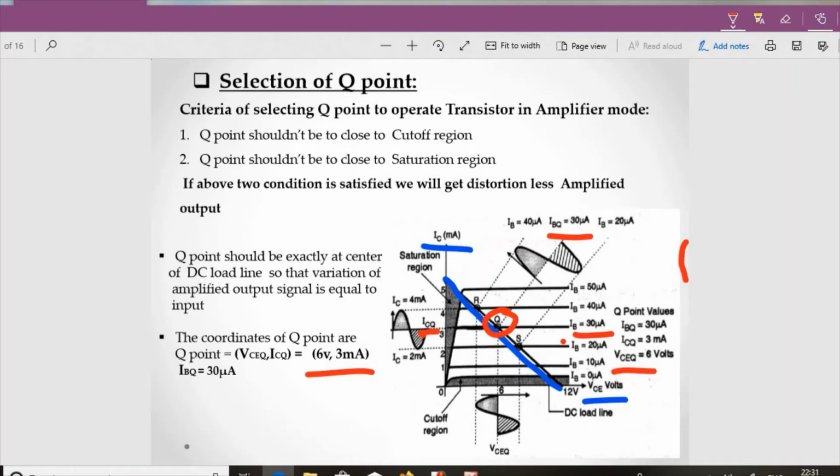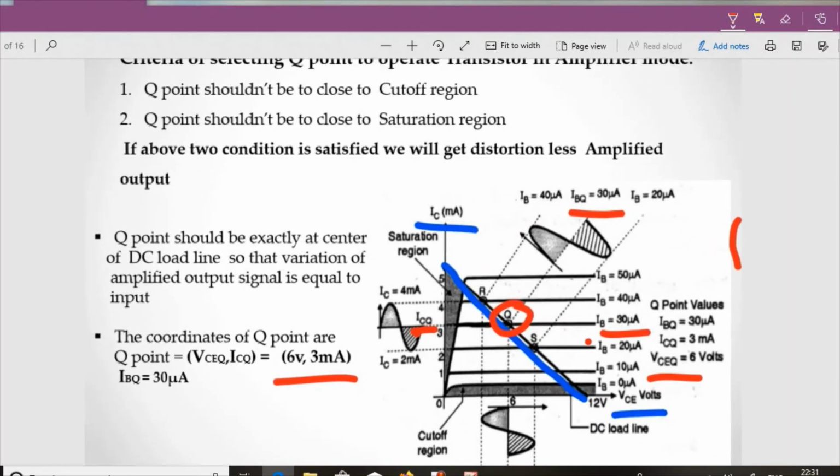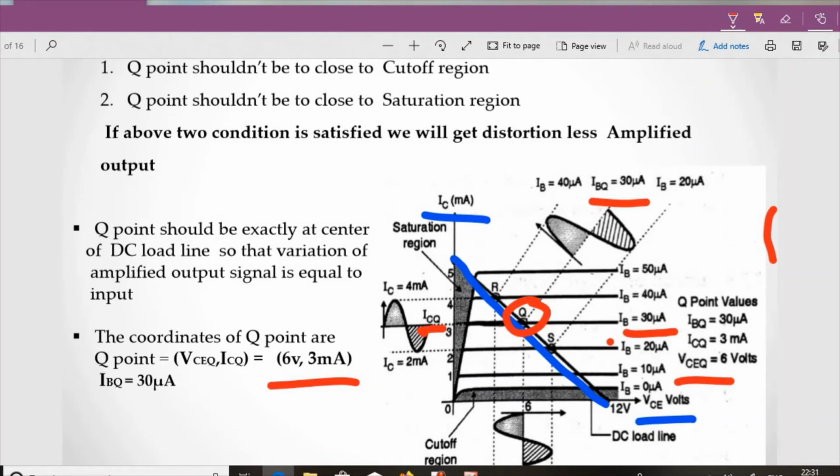Now we have set the transistor, and now we are giving the AC input. When we are getting the AC input, this AC sinusoidal signal, what would be the DC value for the IC signal? The value ICQ would be the new DC level.